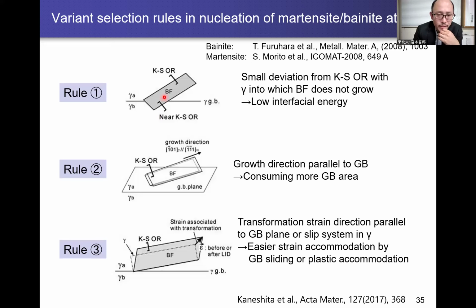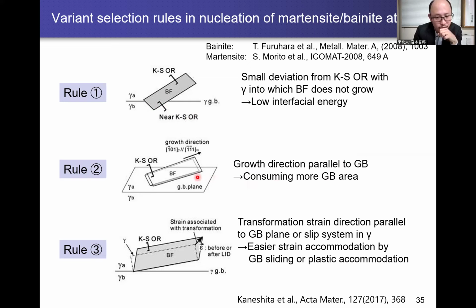If this bainitic ferrite follows a near-KS orientation relationship, the interface energy will be small, so this is favorable for the nucleation of this variant. And if the bainitic ferrite habit direction is nearly parallel to the grain boundary, then more grain boundary area will be consumed. So this is also favorable for the nucleation of this variant.